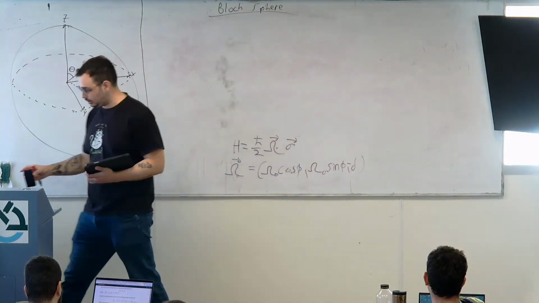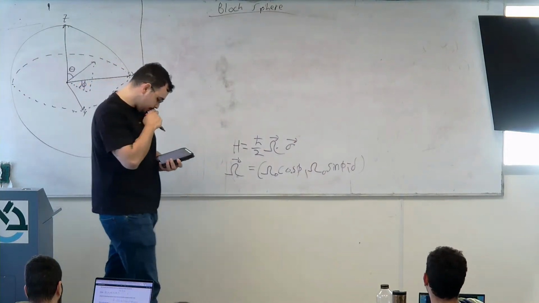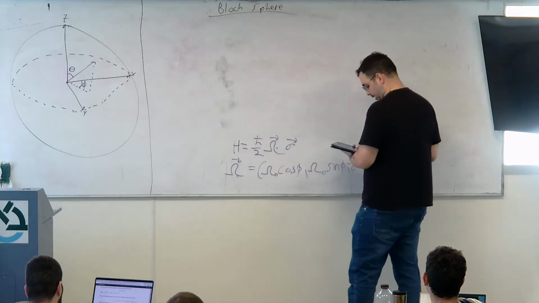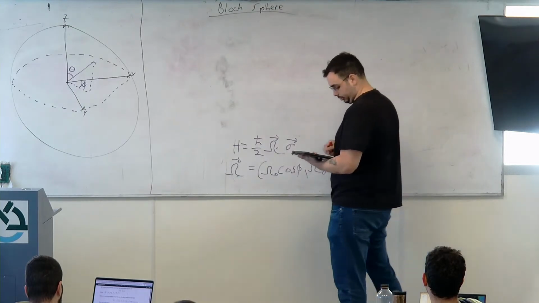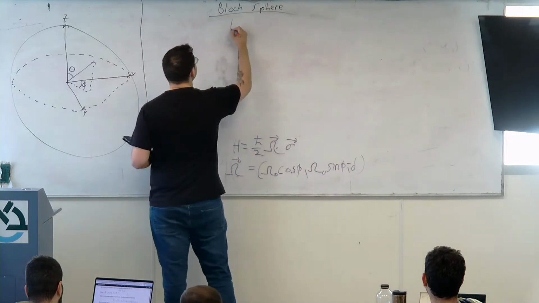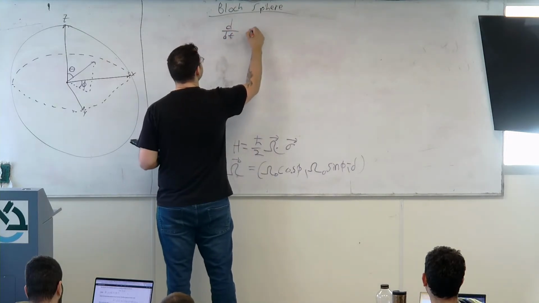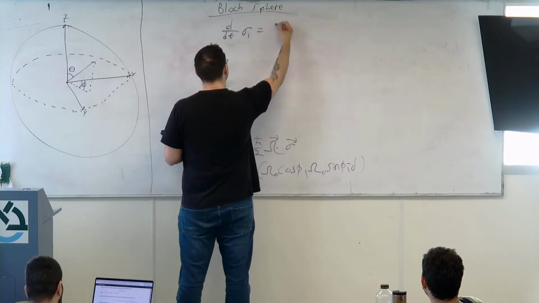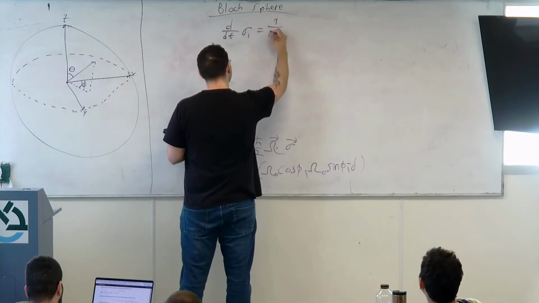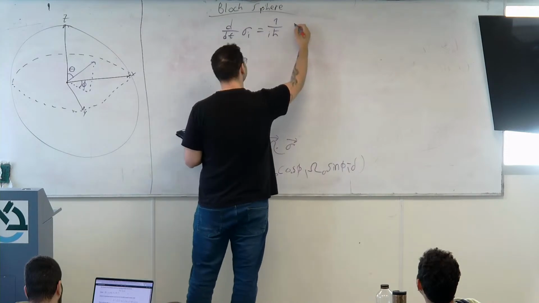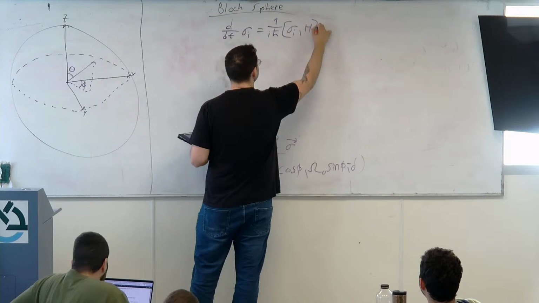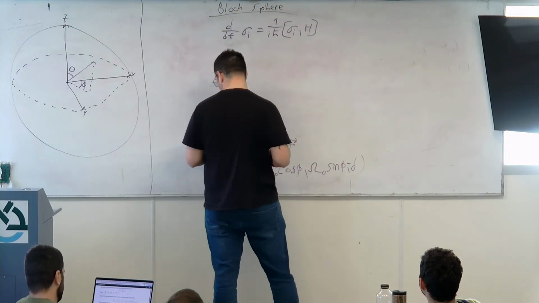Alright, so using the Heisenberg equation, we can define the time evolution of the Bloch sphere vector. d/dt of sigma equals 1 divided by i h bar times the commutator of sigma with H, right?